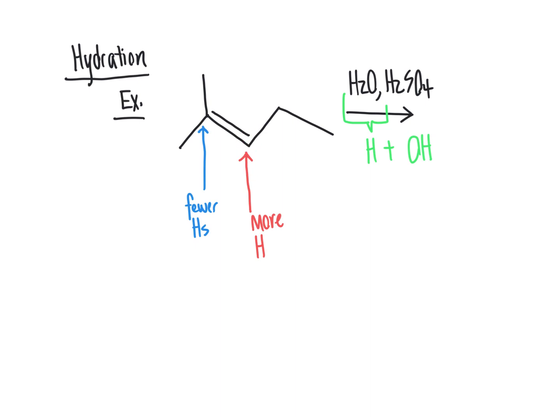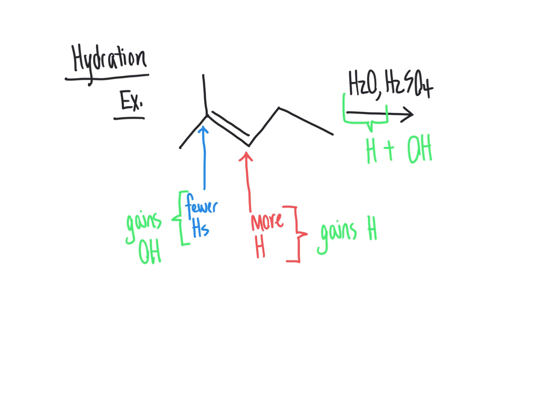And so following Markovnikov's rule, the carbon atom that has more hydrogens to start with is going to be the one that will gain the hydrogen from water. On the other hand, the carbon that has fewer hydrogens is going to be the one that gains the other group, in this case the OH group.